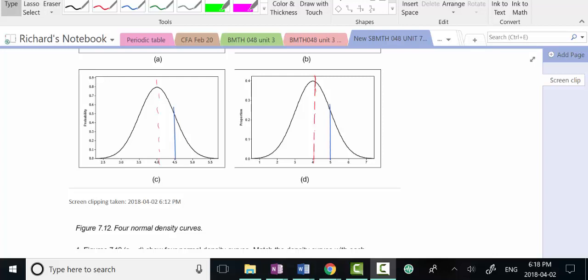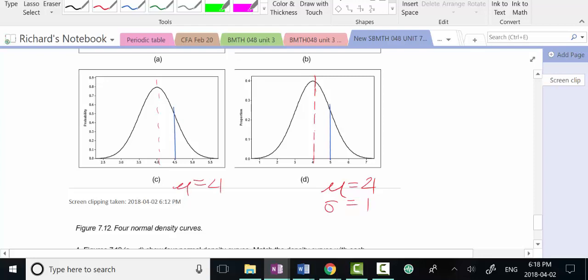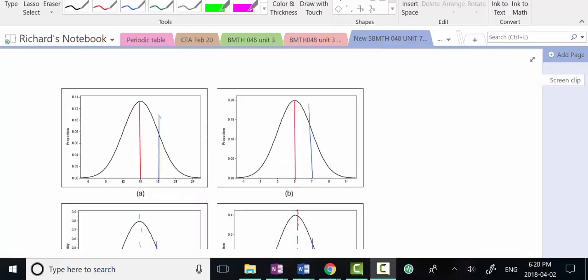In curve D, the inflection point is at 5, which is 1 unit up from the mean of 4. So curve D has a mean of 4 and a standard deviation of 1. Curve C has a mean of 4 and a standard deviation of 0.5.